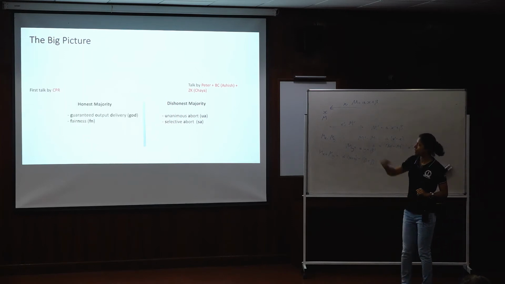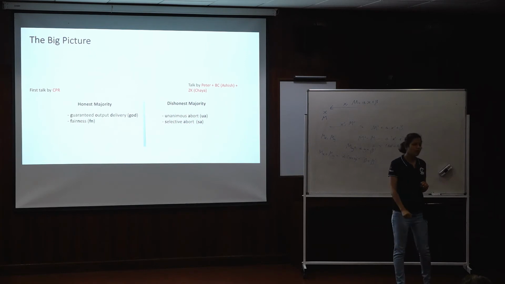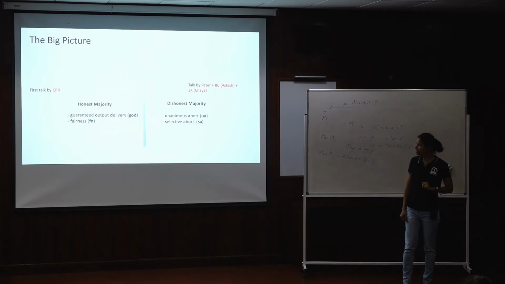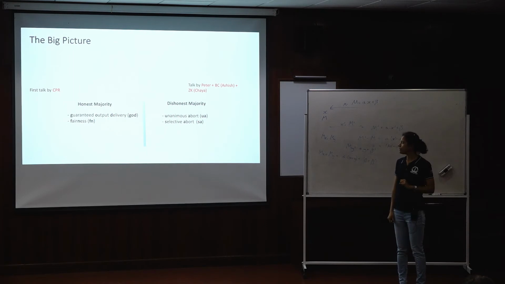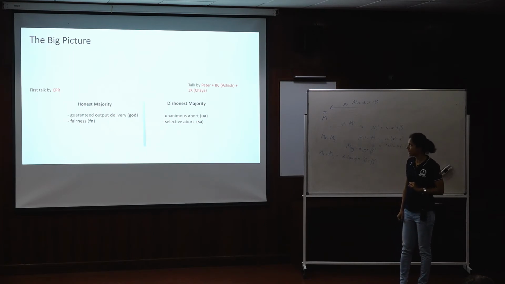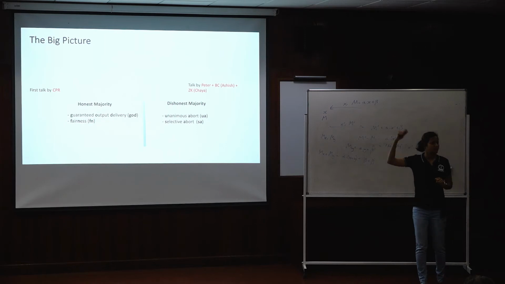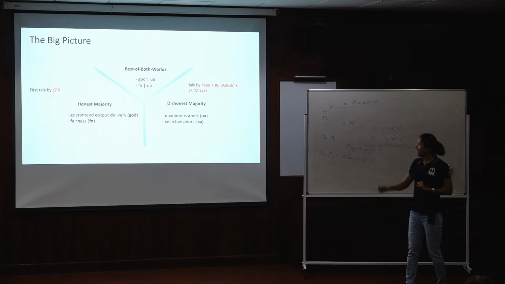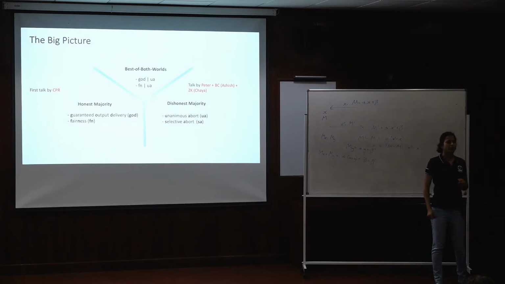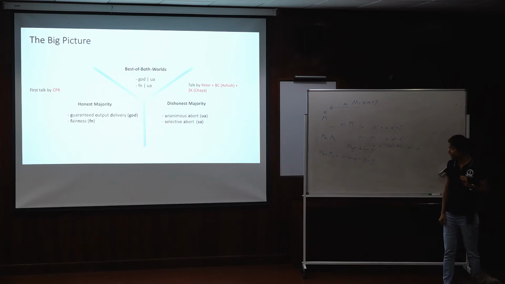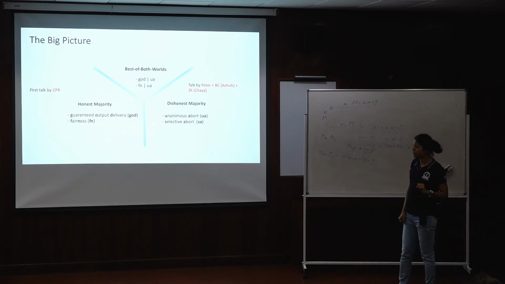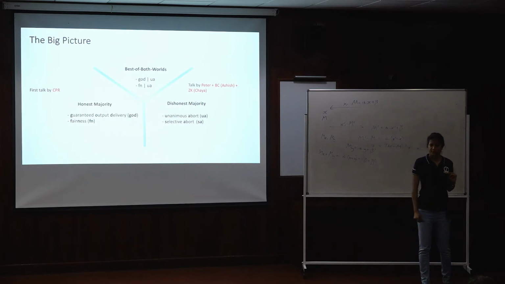And then we have the complementary class of protocols, honest majority protocols, where we can achieve the security notions of guaranteed output delivery and fairness. And one such instance you have seen in the past lecture by Professor CPR. Now I am going to talk about yet another, very unconventional class of MPC protocols, which we call best of both worlds.